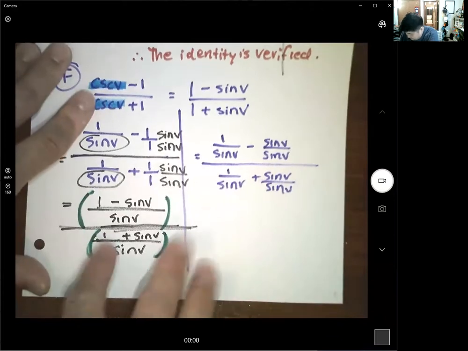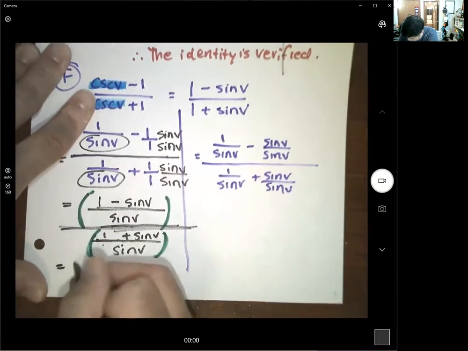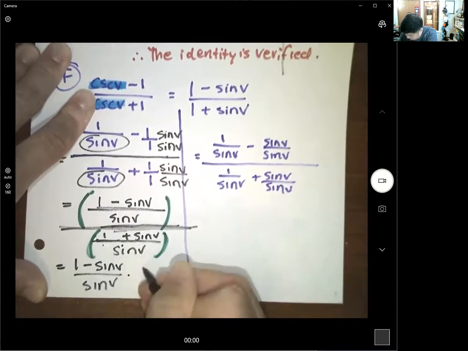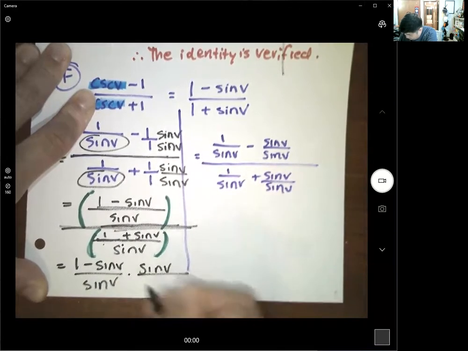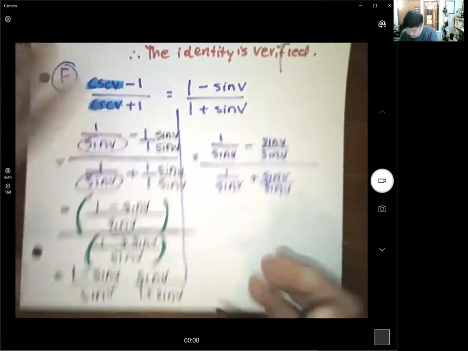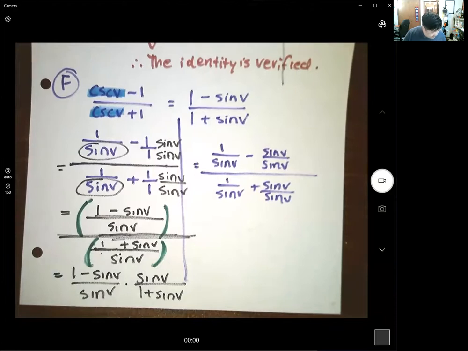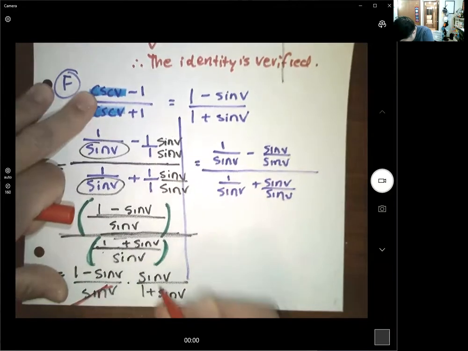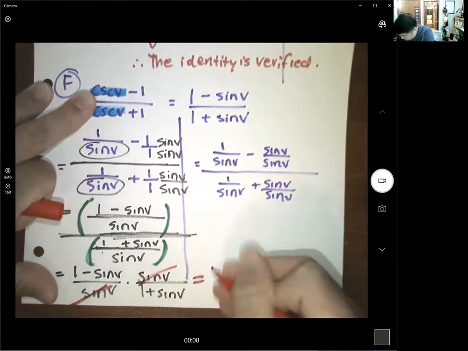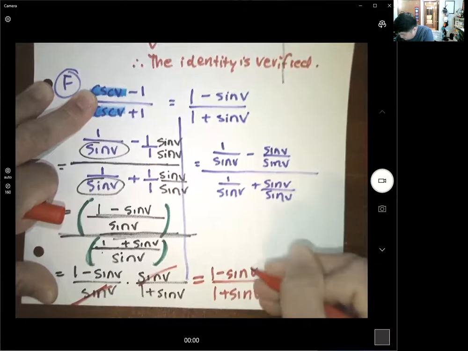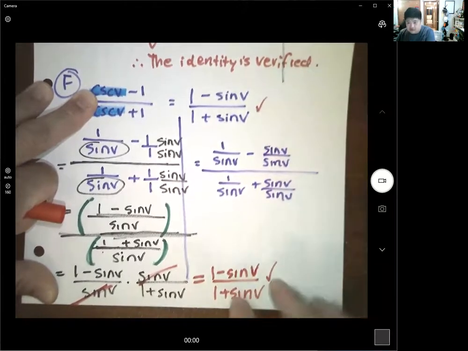And then you multiply by the reciprocal, so 1 minus sine of v over sine of v times sine of v over 1 plus sine of v. And then the sine of v's actually divide out here. Goodbye, right? So we have 1 minus sine of v over 1 plus sine of v. And we see that that's what this was supposed to equal.